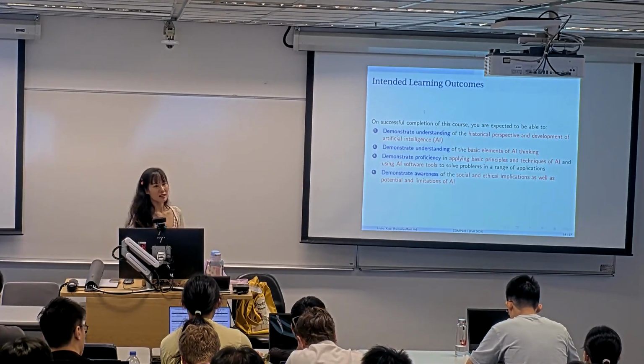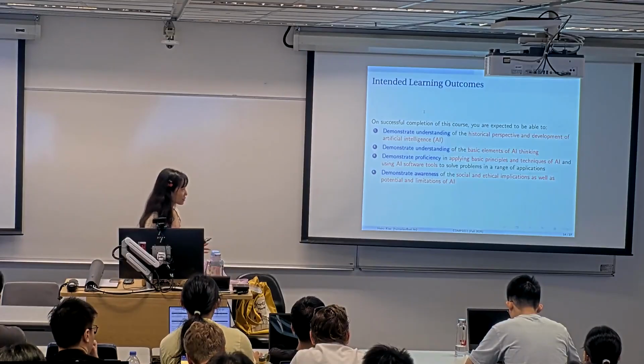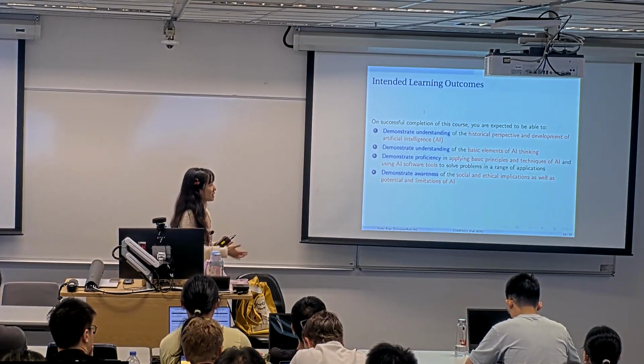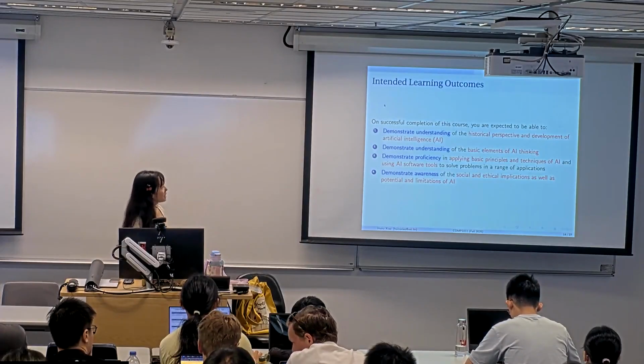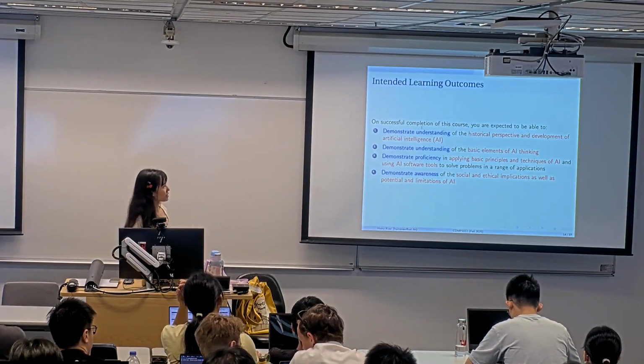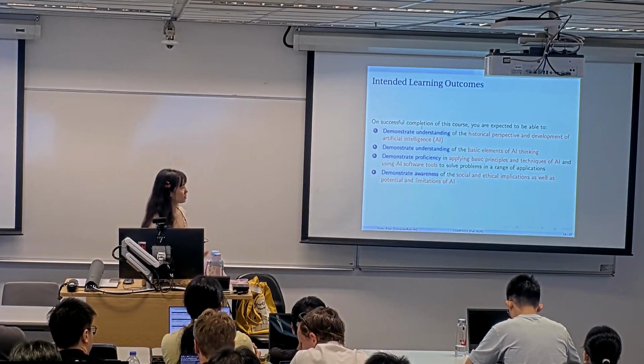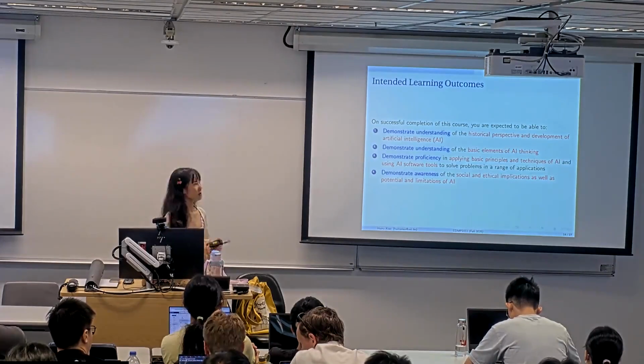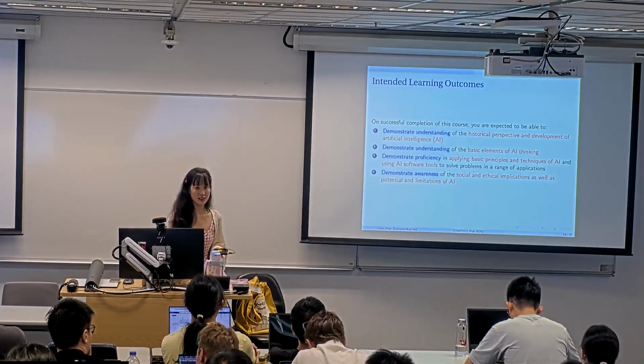And for the intended learning outcomes, after you successfully complete this course, you are expected to be able to do these things. First, demonstrate your understanding of the historical perspective and development of AI. And secondly, demonstrate understanding of the basic elements of AI thinking.